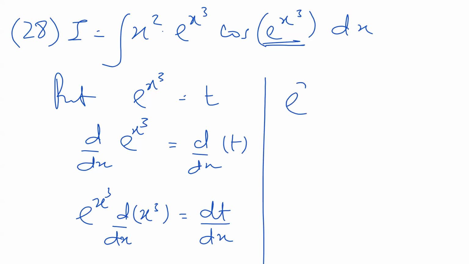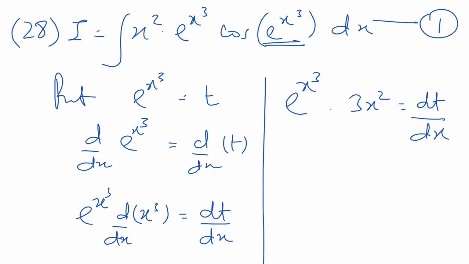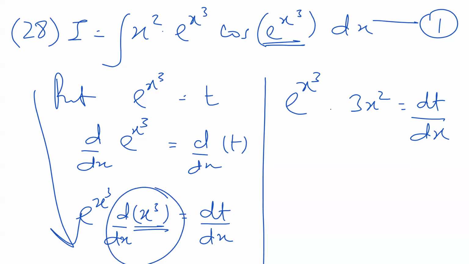Okay, e raised to x cube into 3x square, dt by dx. This we took chain rule, dt by dx of x cube. And this part is derivative part. So this dy dx will come in the numerator, not the denominator.